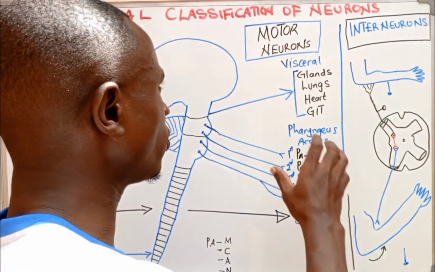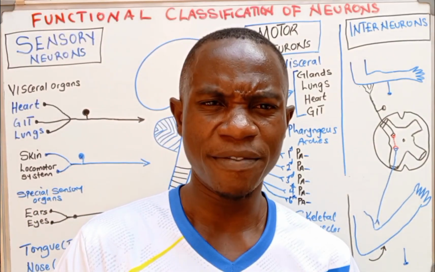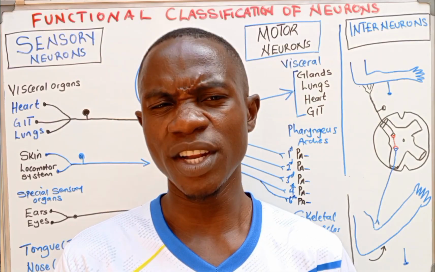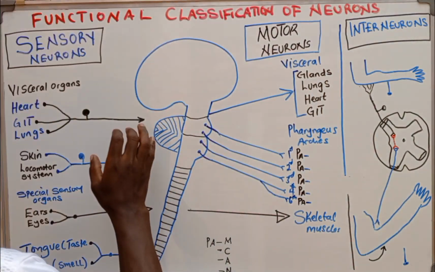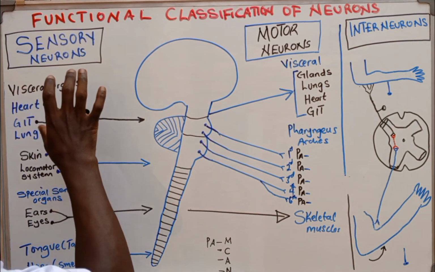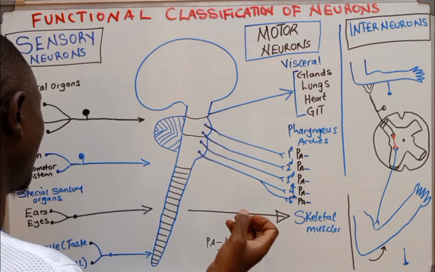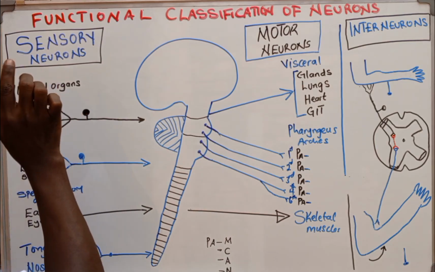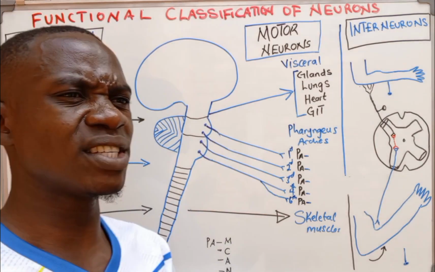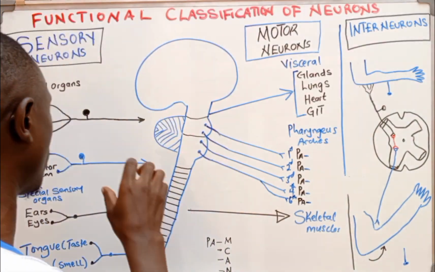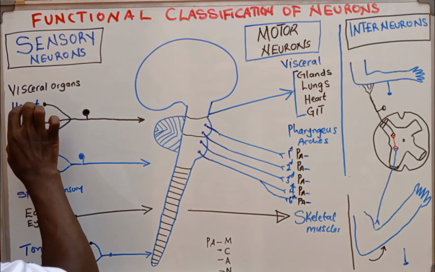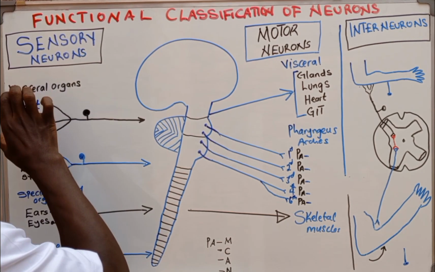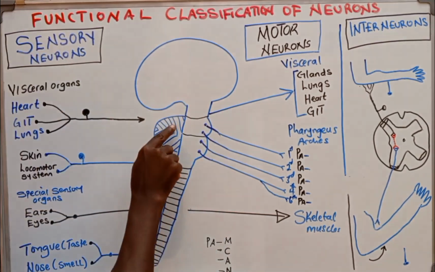So during this study, we're going to be generating some common and very specific terminologies that are going to help us during the study of the neurosciences. Now, I want to see what we call those sensory neuron fibers that are going to be carrying the sensations from the heart, from the GIT, from the lungs, from the urogenital system, and generally all the visceral organs, and feeding them to the central nervous system.